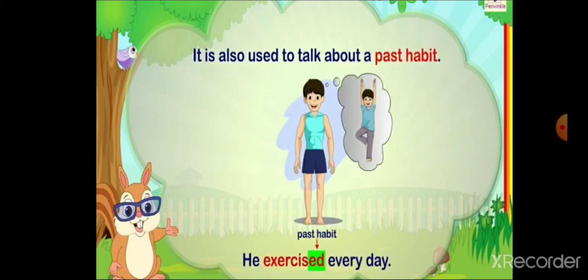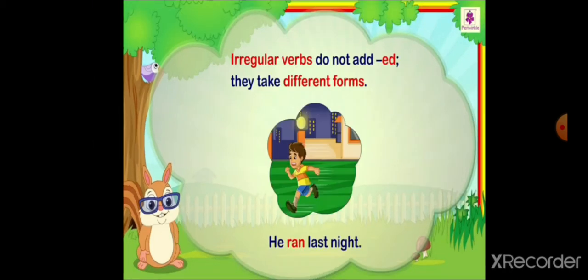Means the action is performed on the daily basis. In this, ed refers that the action is in past and every day refers that it is the habit. Means it does this action on the daily basis. So we can say that simple past tense is used to talk about a past habit.